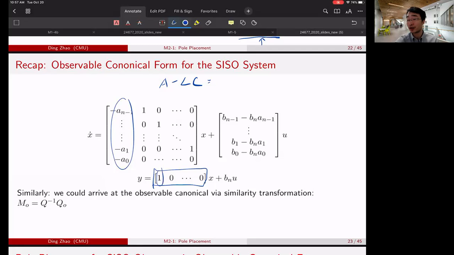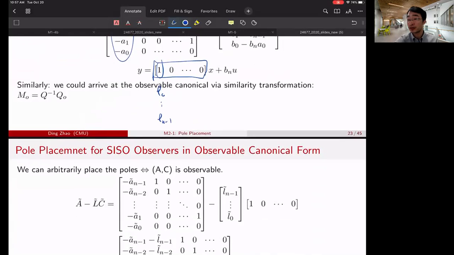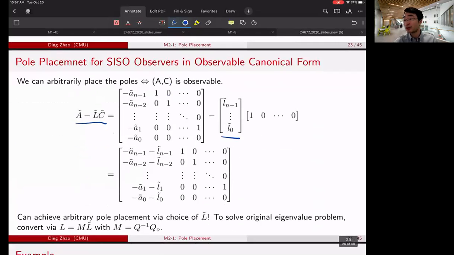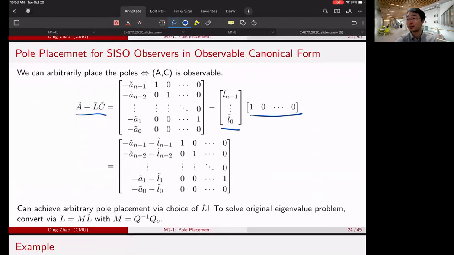So L is a column with L0 to Ln minus 1. Then for A minus LC, we can combine them, so that becomes something like only the first column with Ln minus 1 tilde, then 0, 0, 0, and Ln minus 2 tilde, with all the zeros.